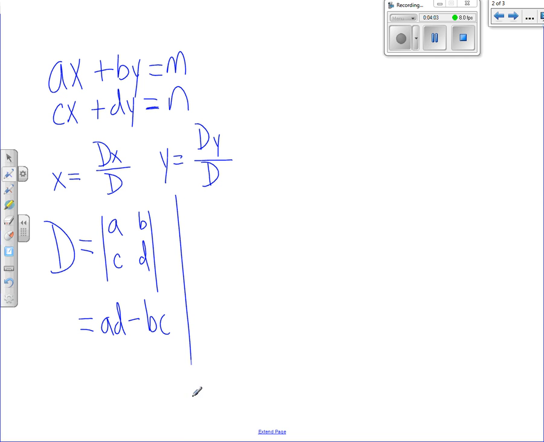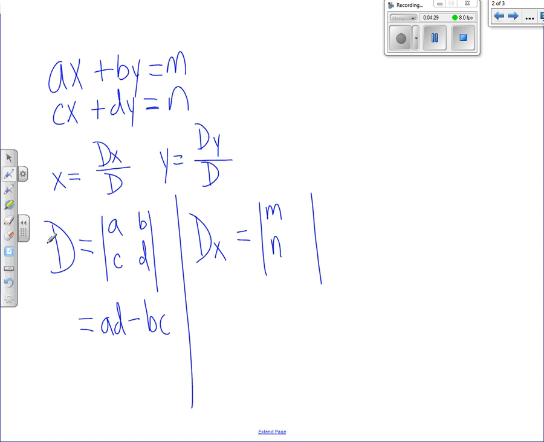Now, our Dx we get by utilizing the constants on the right, whatever these might be, M and N, and those go into your matrix first for Dx. M, N. Here's the weird thing. Because we're looking for the determinant of x, we don't include anything related to x.